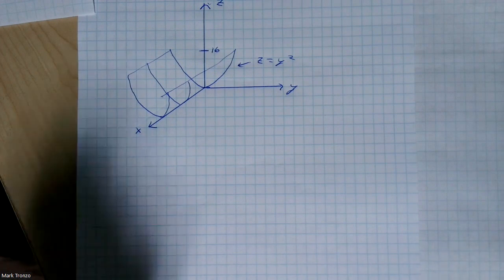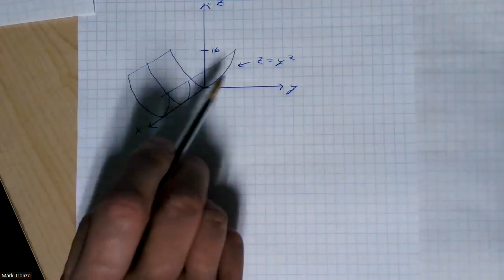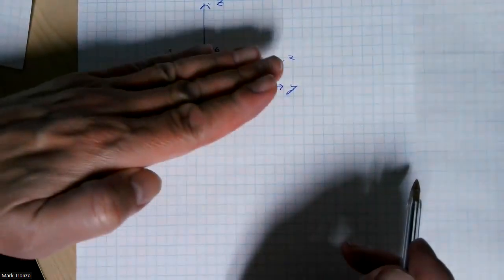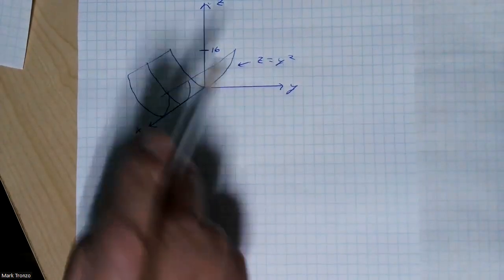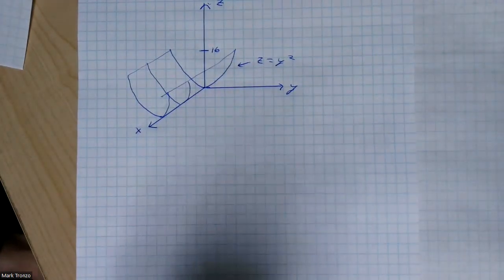And once again, just imagine yourself standing in the volume. The z equals 16 gives it a top, so to speak, or a roof over here.